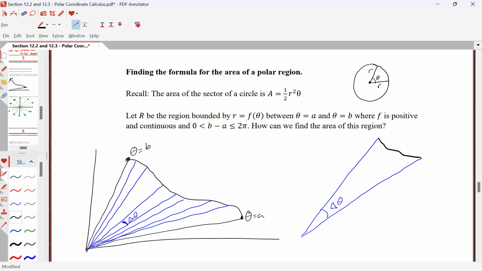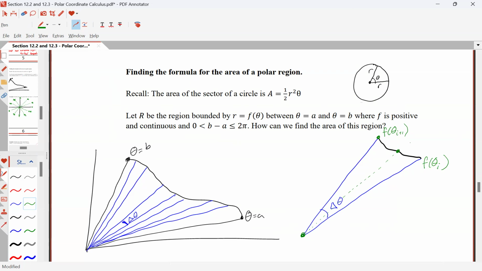So zooming in, we have that little delta theta. We have the curve doing something. Picking some random spot between that angle. Here, this point would be f of theta i plus 1, and this would be f of theta i.